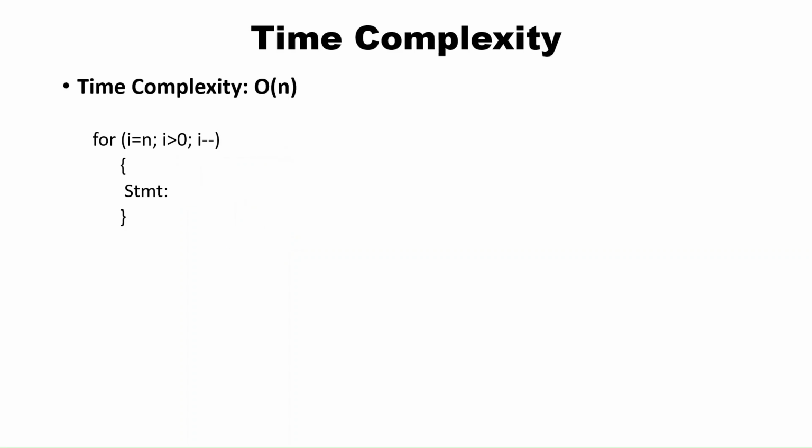Now come to the next loop. Here I starts from n, and the condition is I should be greater than 0. I is decremented by 1.